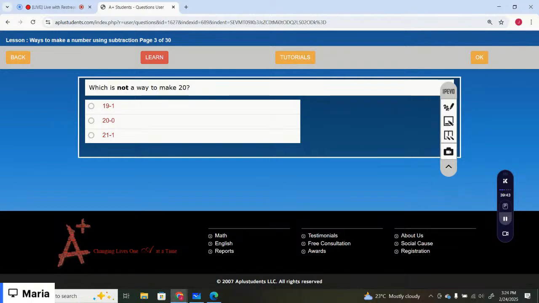Which is not a way to make 20, which is the correct option?